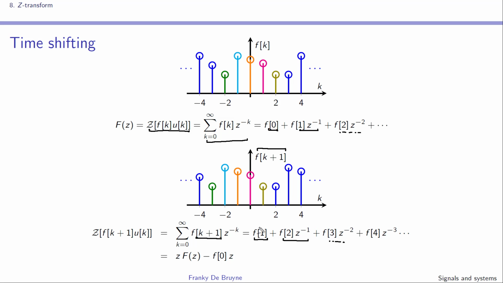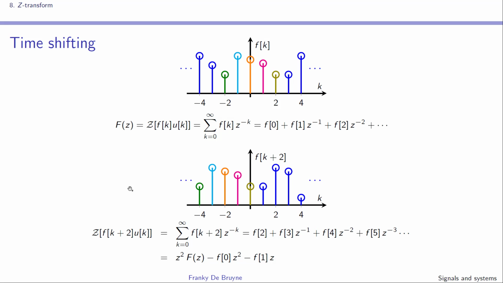Then what you can do is compare this with this, and you can see that the difference is that this one has disappeared, and what you see over here is what you see over here times z. So you can use the definition of the one-sided z transform of f of k to compute the z transform of the shifted signal. You simply have to take this one times z and then subtract the term that is too much, and this is simply f0 times z.